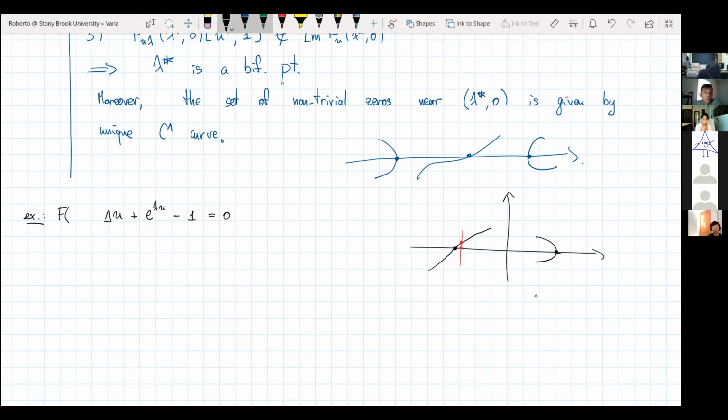So this is F of lambda, u. You look at the derivative at lambda, 0 of F along u; of course, we need to apply that to h. You get the equation Laplacian of h plus lambda e to the lambda u, but u is 0, so this is just e to the 0 times h.